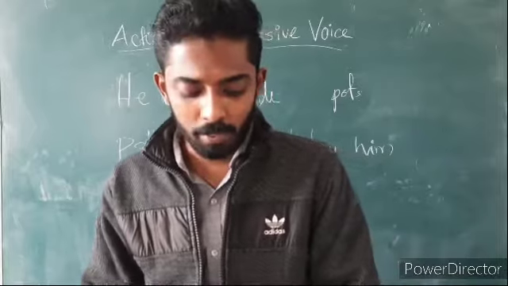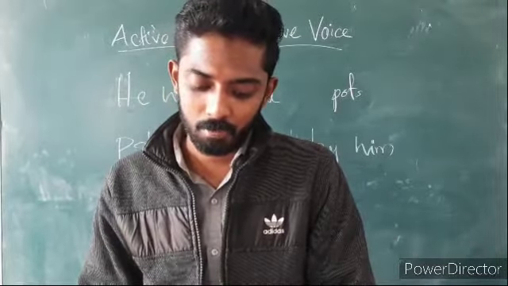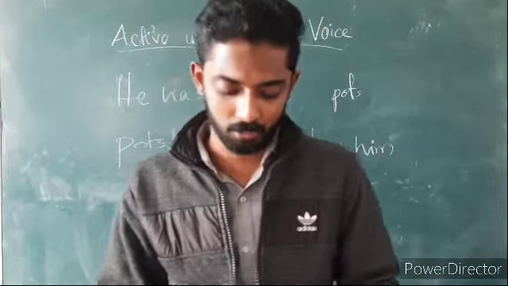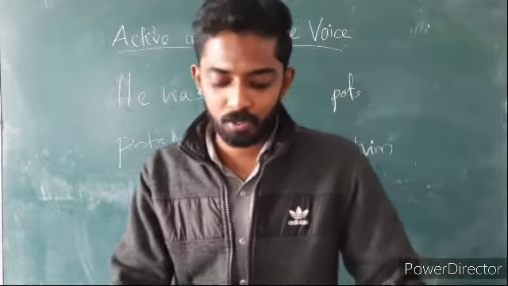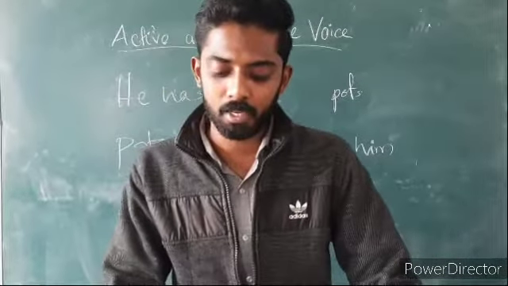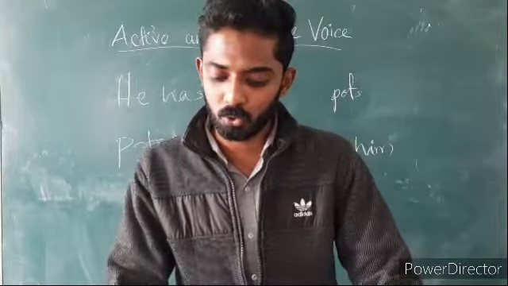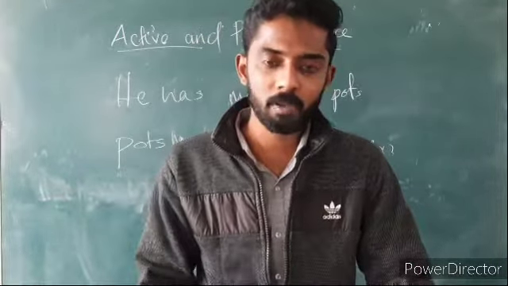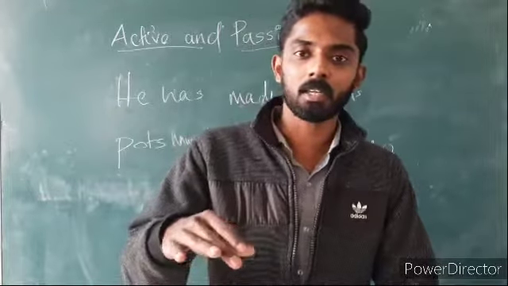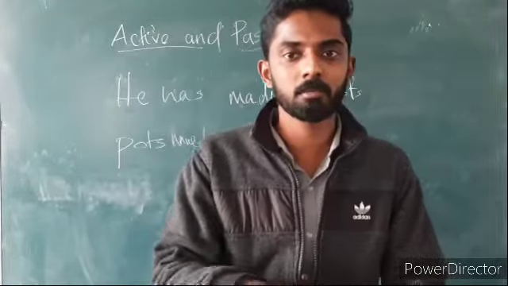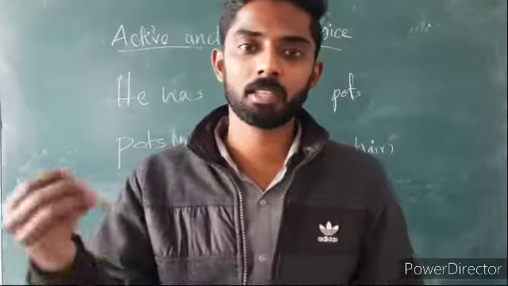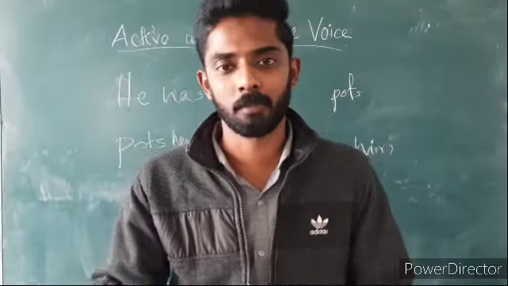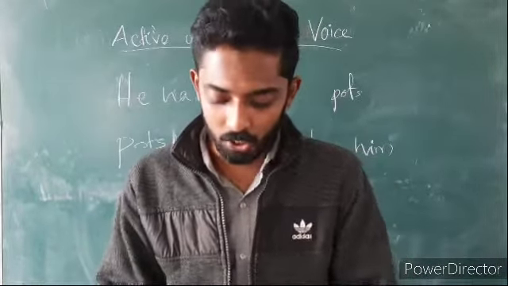And the last one is when the speaker wishes to remain neutral, objective or decent. For example, you will be informed well in advance, and the money owed to you will be paid to you in cash. Here the speaker wishes to remain neutral.